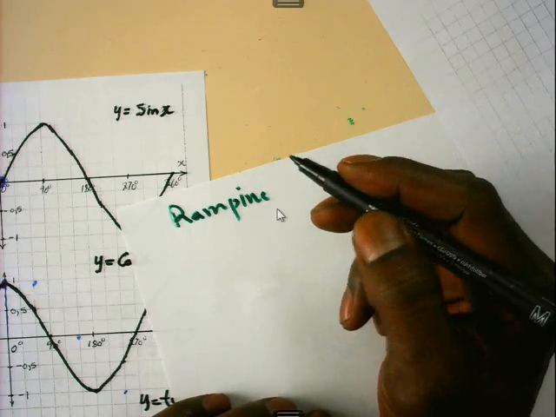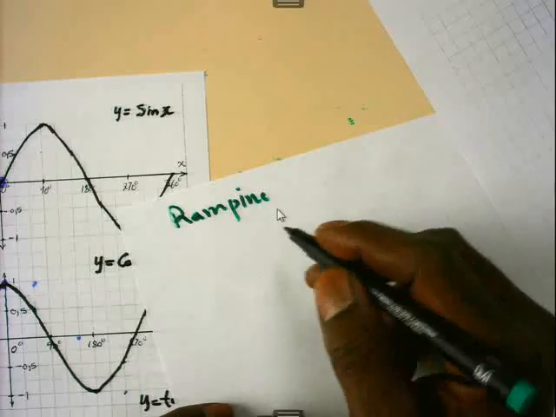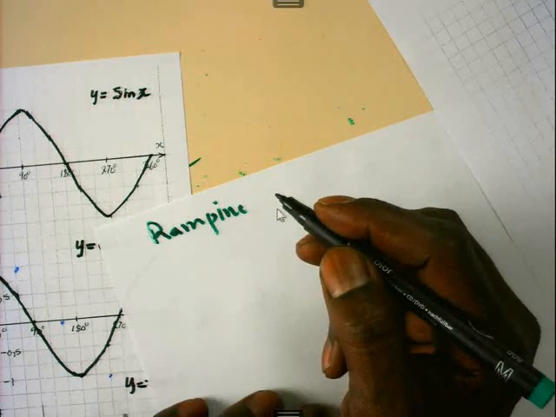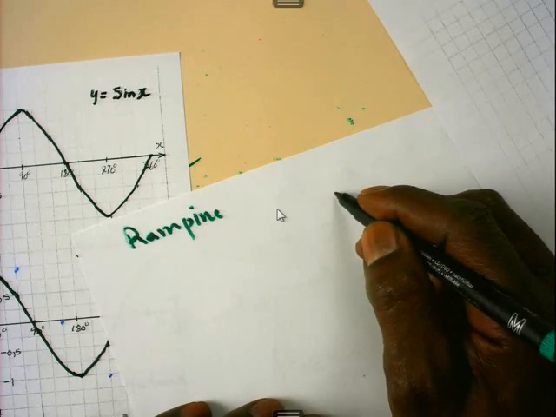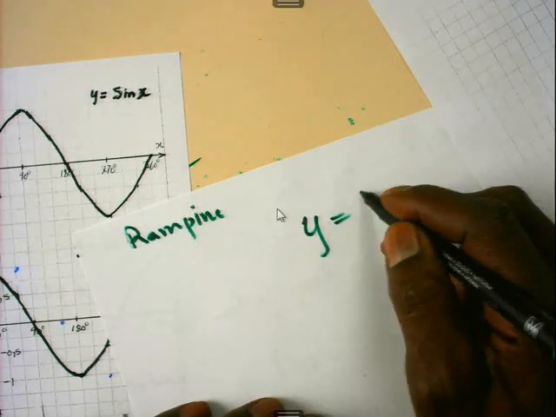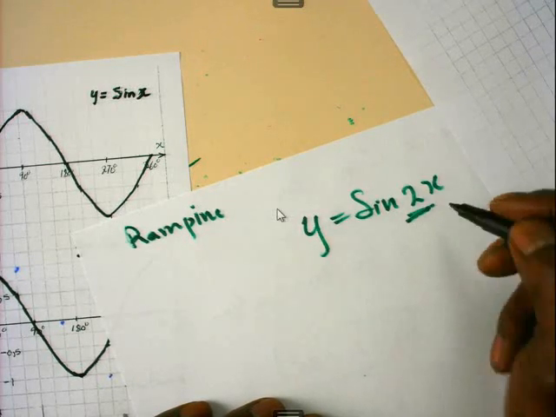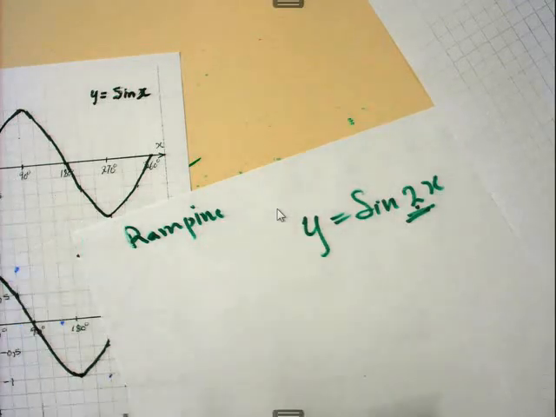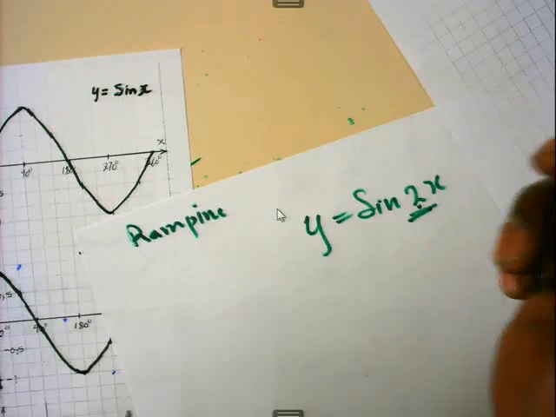There is a question from Rampine, which is very interesting. She is asking about the effect of, say for instance, y equals sine 2x. The effect of 2 next to x, will it change the shape of the graph or not?